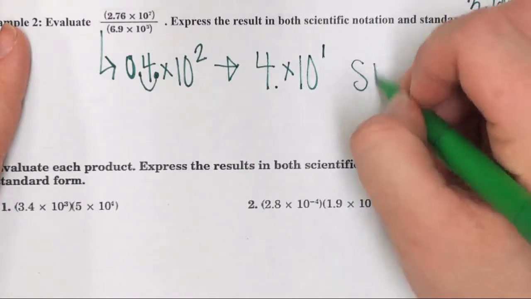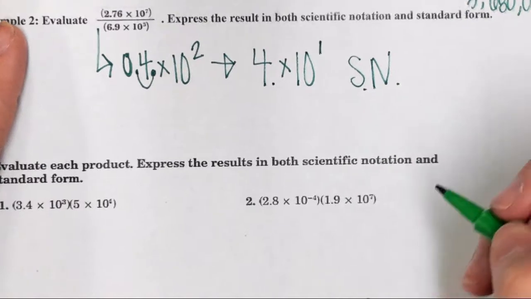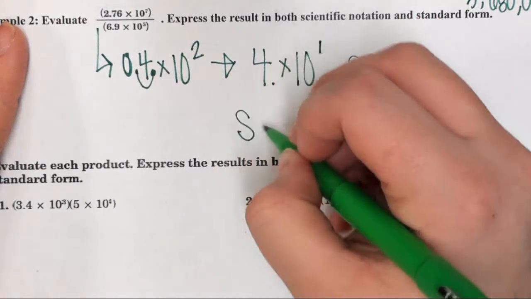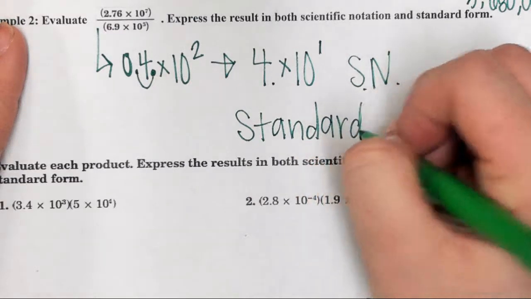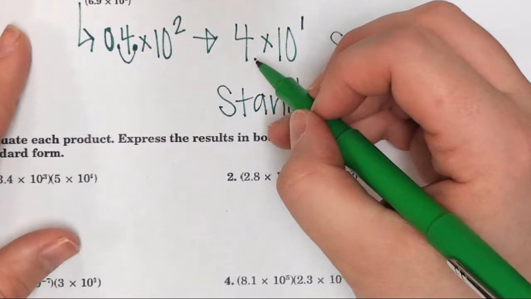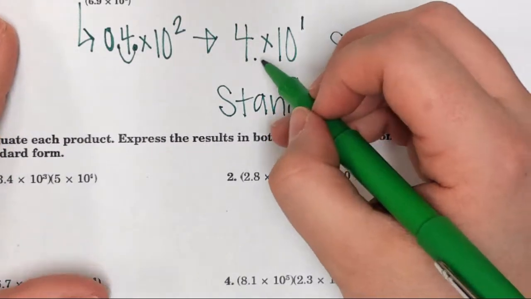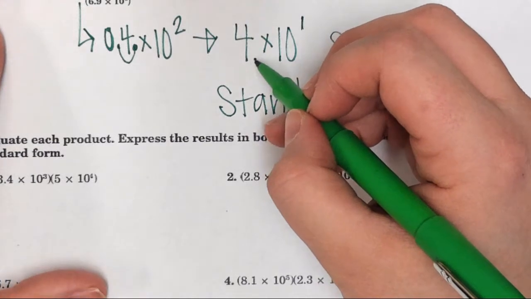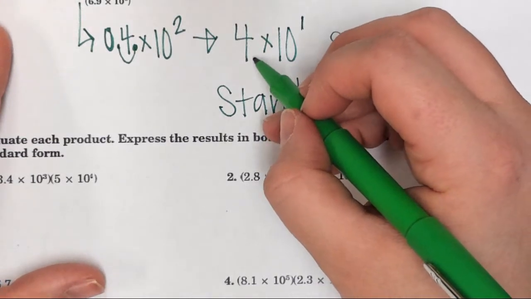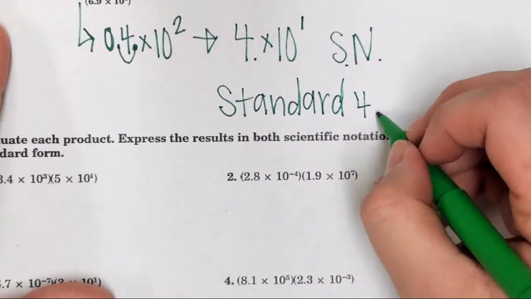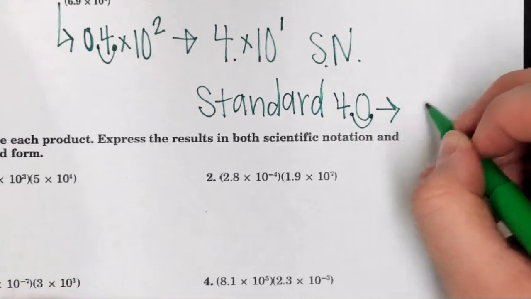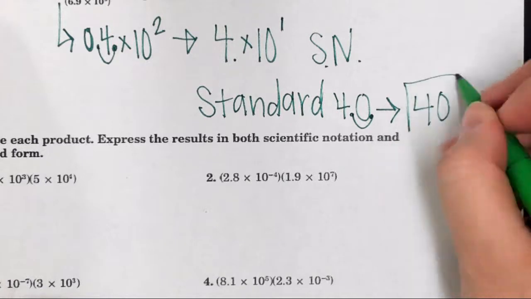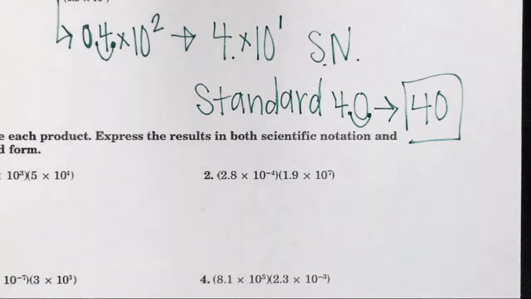That's scientific notation. Now let's write it in standard. It was 4 times 10 to the 1st, so I still need to move this decimal one more time positively. So I have to add 1 zero. So standard form, it is 40. Good.